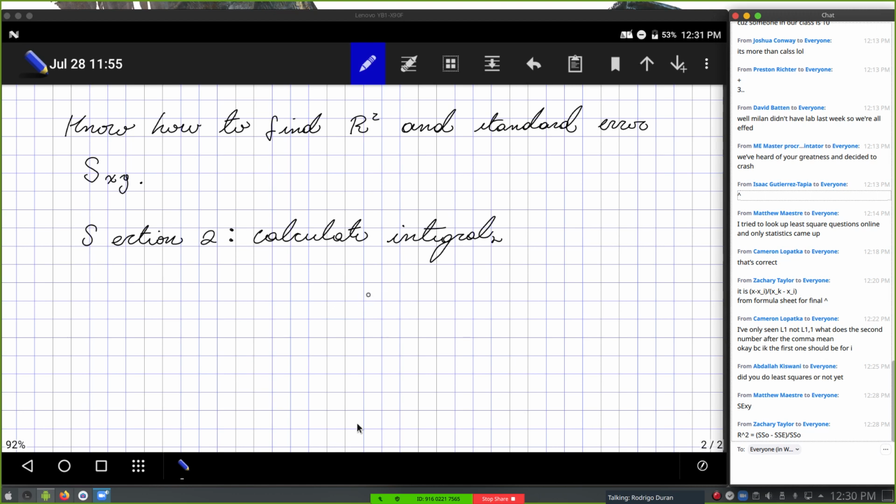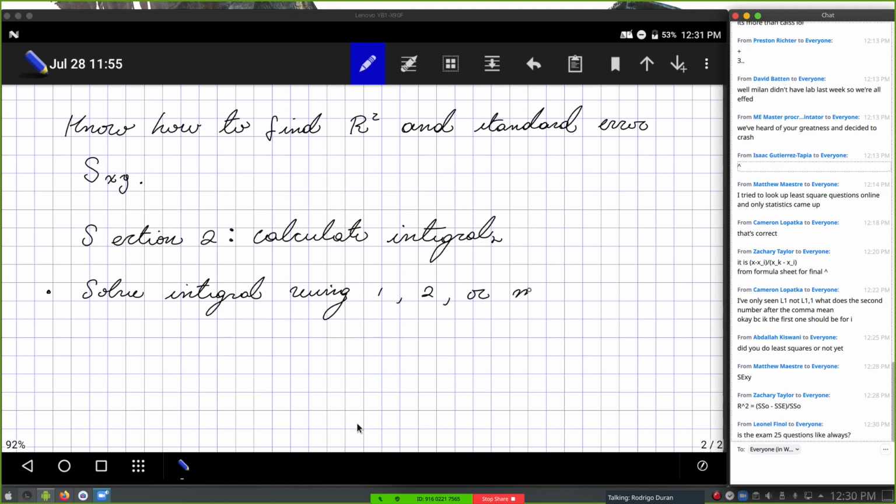So section 2 has to do with calculating integrals, and they will ask you to find the solution, or I can say solve the integral. So they will ask you to solve the integral using 1, 2, or more trapezoids.